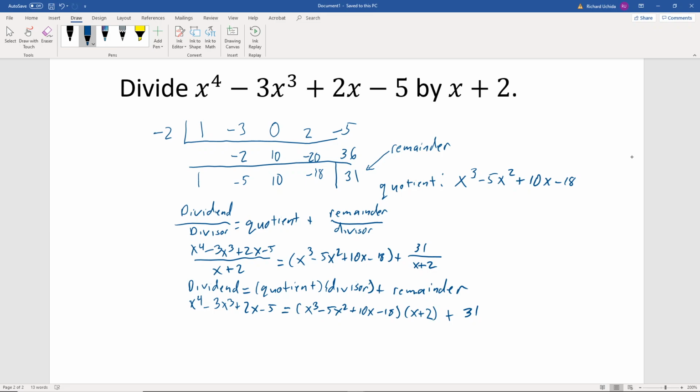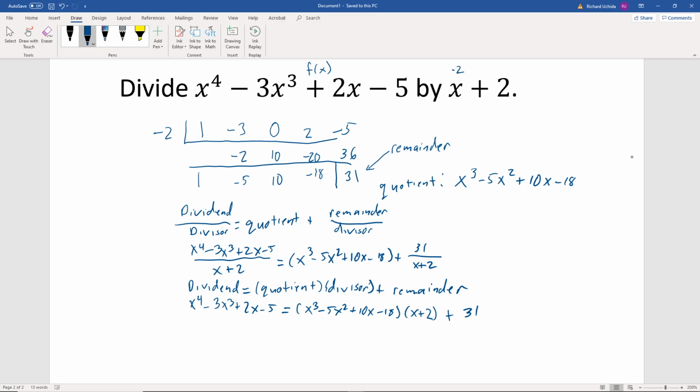Now, how this will help us to verify if a number is a zero of the polynomial: in this case, this is again a preview of when you're doing the zeros of polynomial functions in the college algebra class. Let's say our dividend was our f of x, and we wanted to know, is negative 2 a zero?